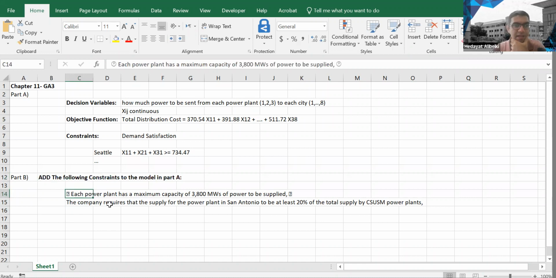So each power plant has a maximum capacity of 3,800 megawatts.